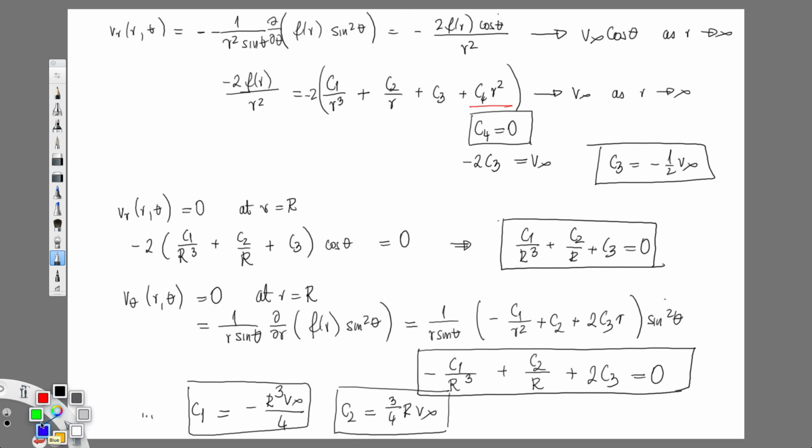So when I plug it into my form of V theta and VR, we will get the final solution. Whoops, I went way over time. Sorry about that. We're going to just plug it all in and look at it next time.